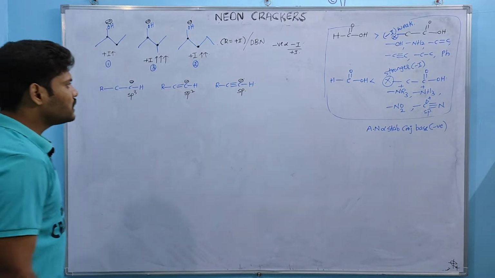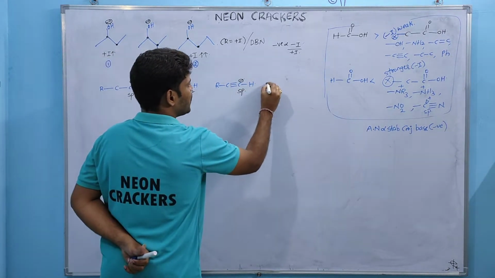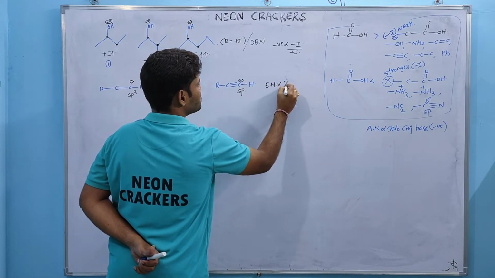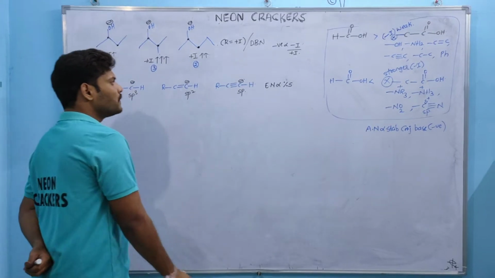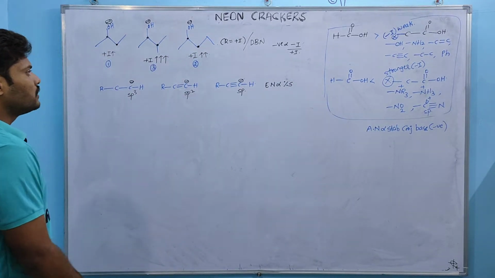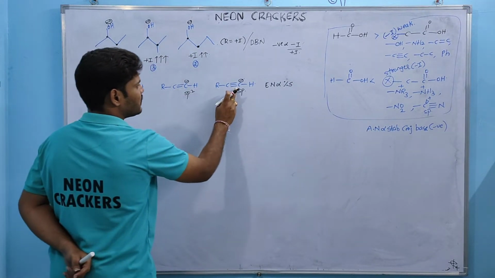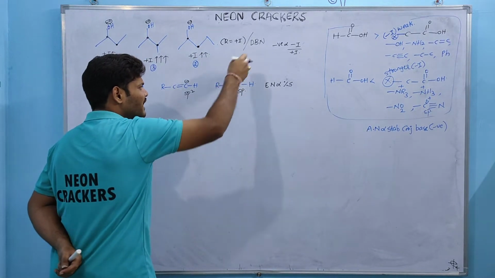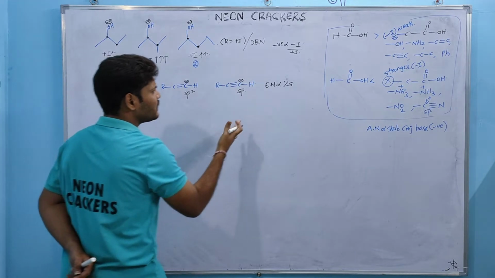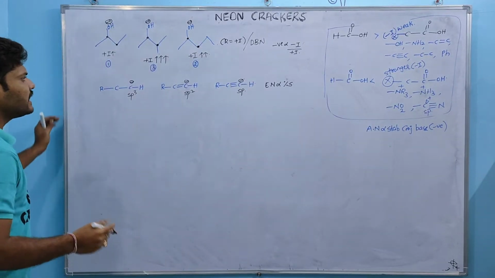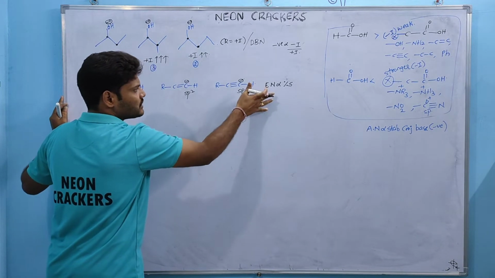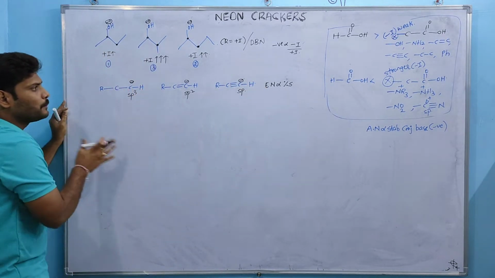Now the electronegativity order: electronegativity is directly proportional to the percentage of s character. Which is having more s character? This one, so it will be attracted towards the nucleus. To understand electronegativity, we must first know bond length.